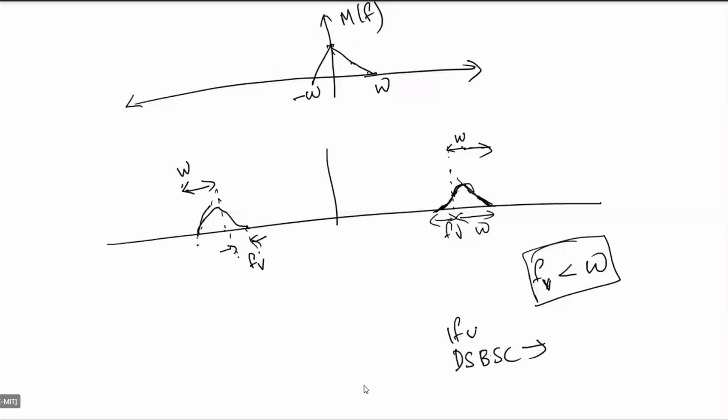If I used SSB, my bandwidth would be W. But this signal has a significant component of frequencies near the zero frequency, so you cannot go for SSB modulation directly. So we are compromising with SSB. The bandpass filter used will have a transition band, and it allows some part of the lower sideband also to be present in the spectrum. So this is the vestige plus W.